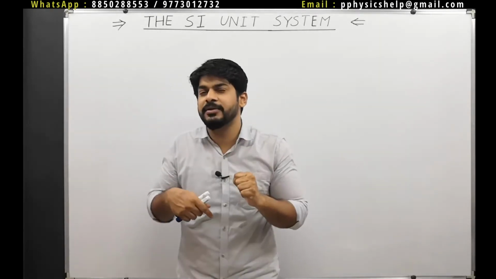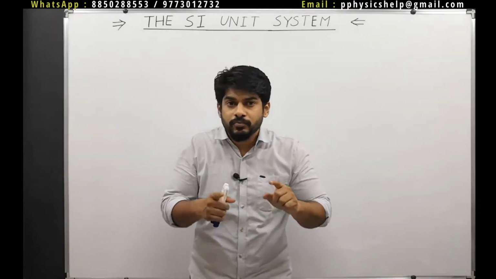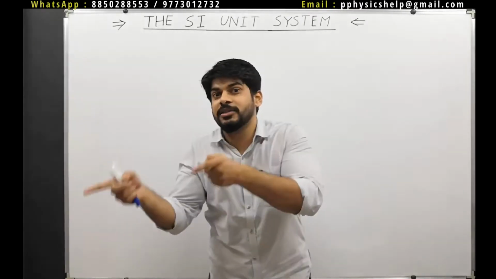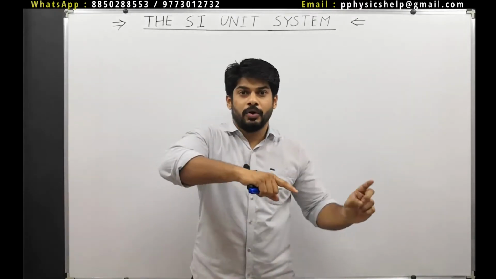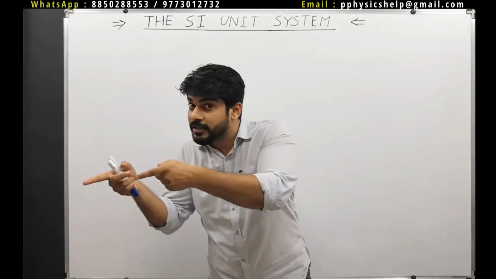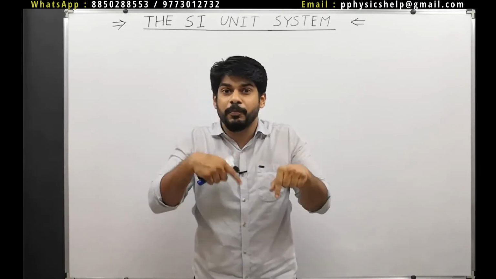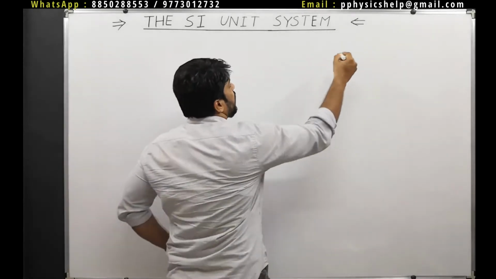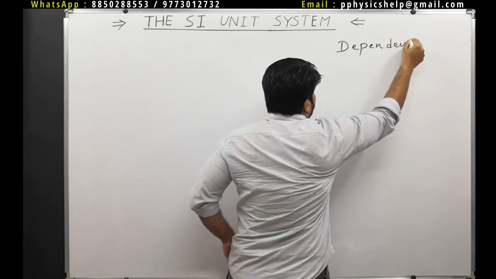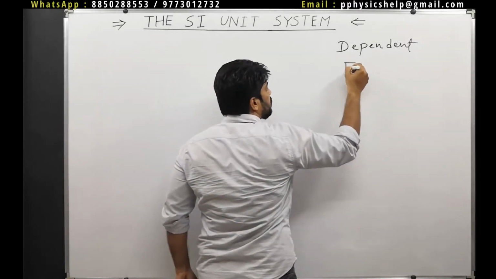When I say dependent, I mean that to express this quantity we require other physical quantities, or this quantity can be expressed in terms of other physical quantities. That is what we mean when we say that it is dependent. For example, force.